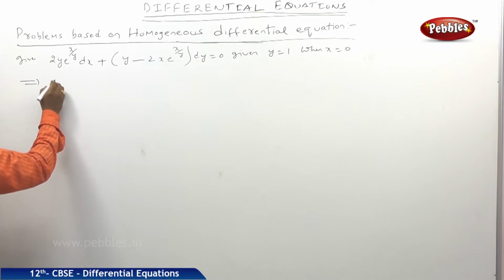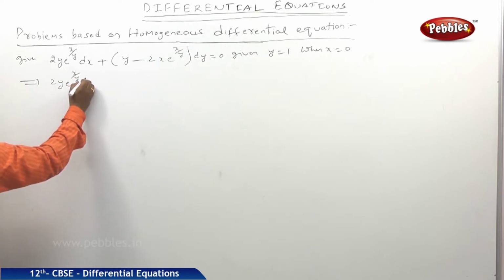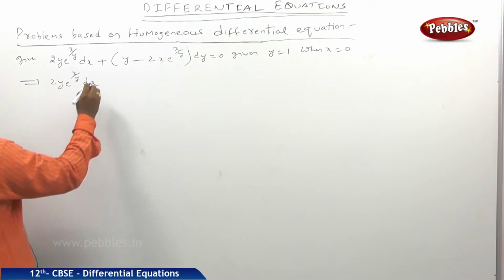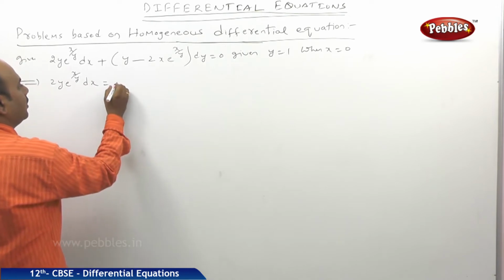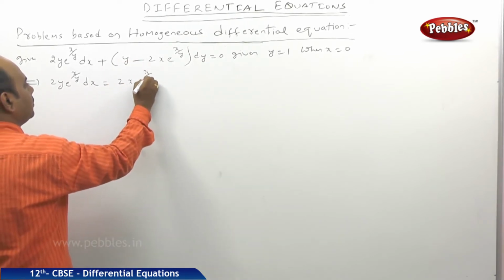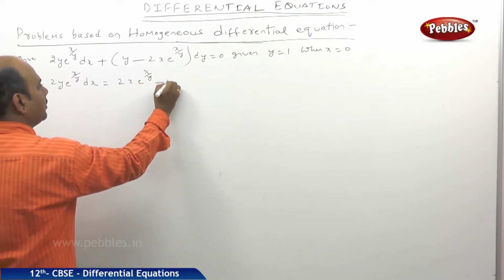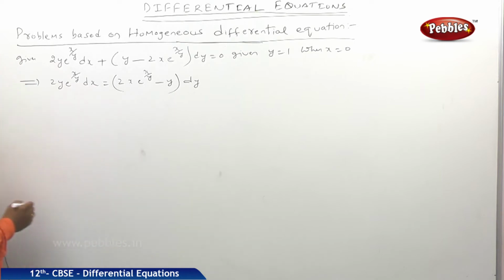So what I will be doing is, 2y e power x by y dx is equal to, I will make this whole expression go to that side, so a minus sign will be there. So I can write like this: 2x e power x by y minus y, and here there will be dy.